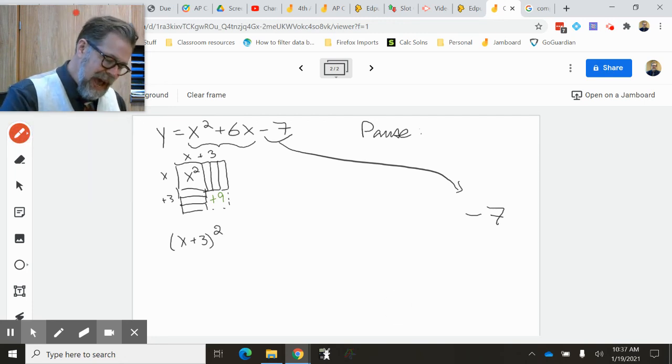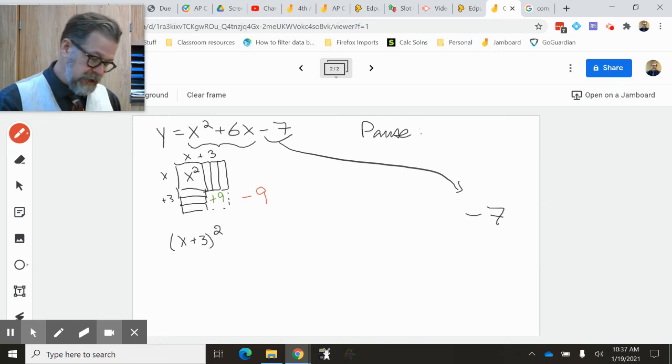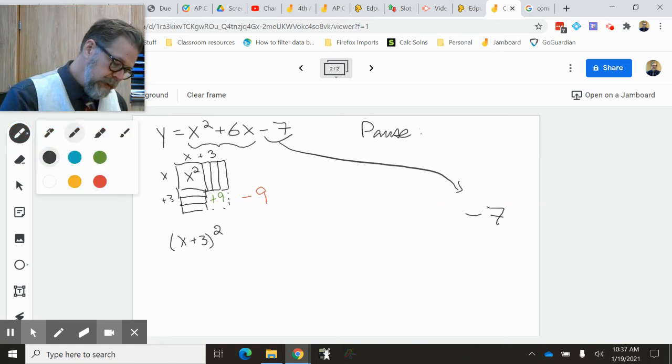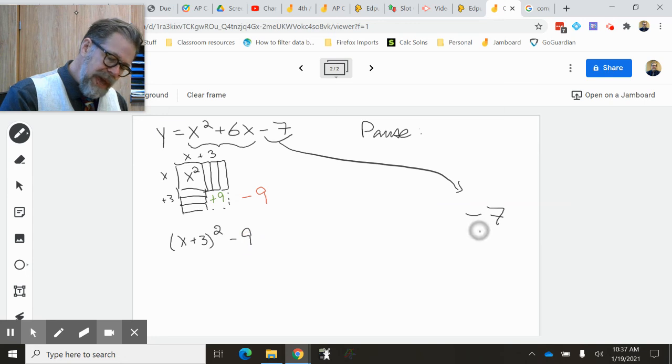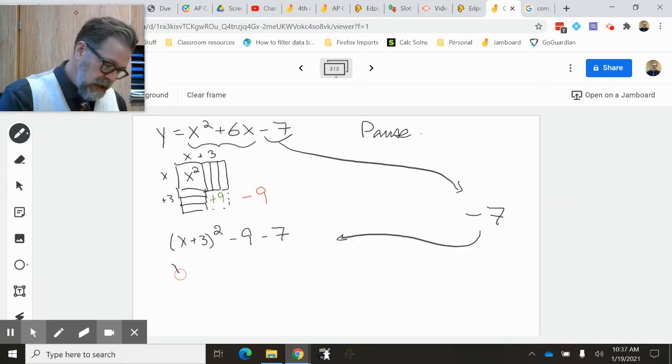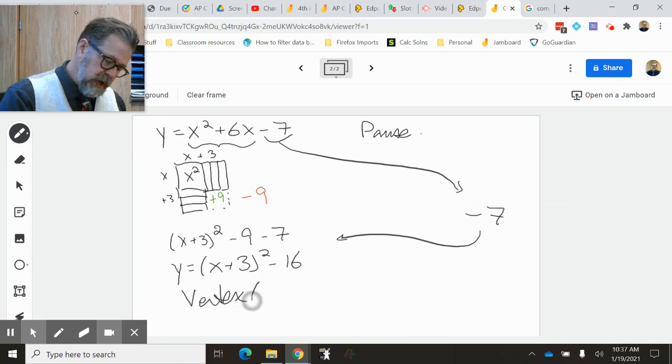But because I added 9 unit tiles, I have to subtract 9 unit tiles to keep it in balance. And then I will bring my minus 7 back, giving me the equation y equals x plus 3 squared minus 16, which means that this parabola has a vertex at negative 3, negative 16.